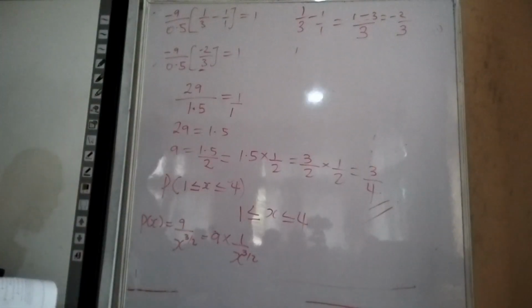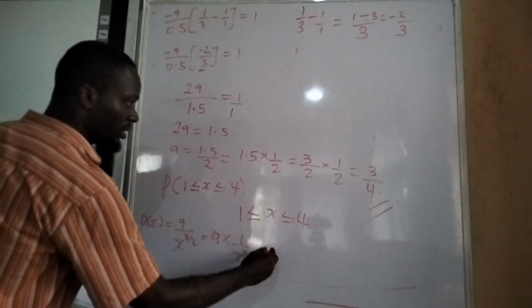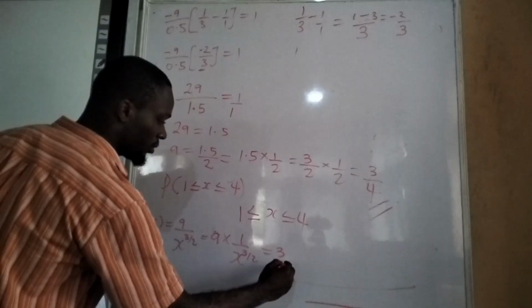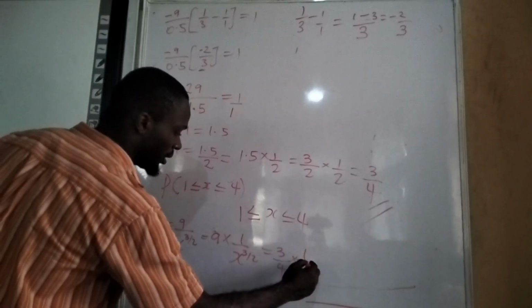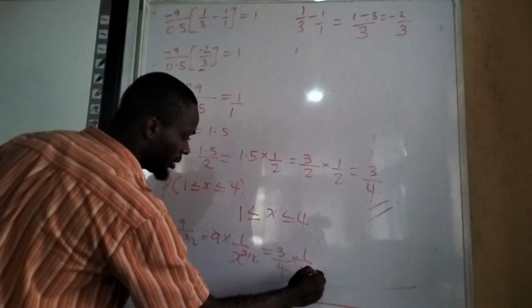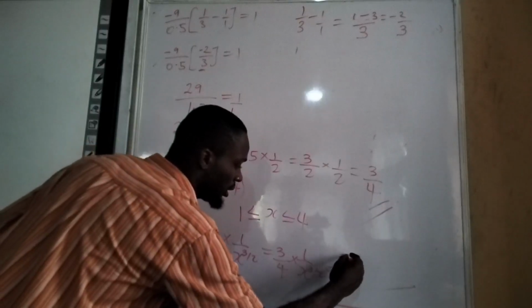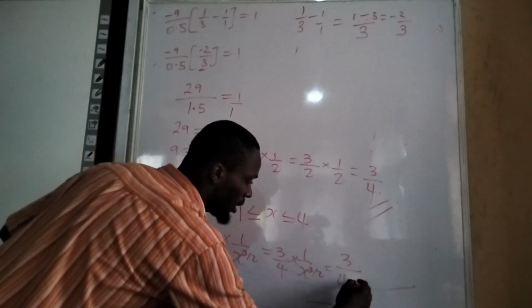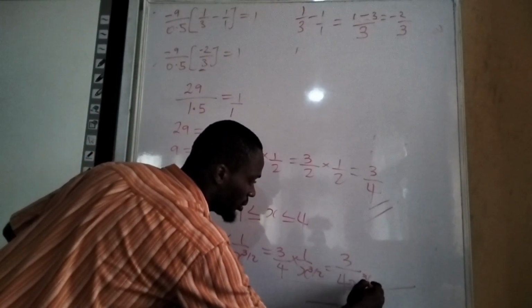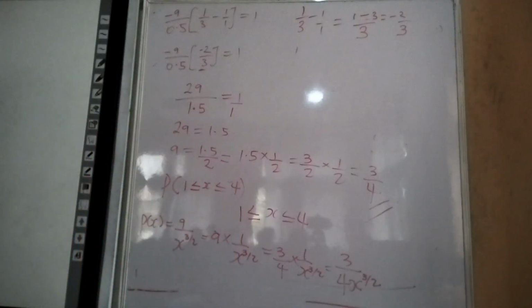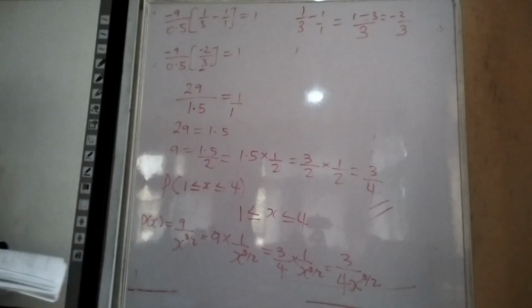Our A now is 3 over 4. So we now have 1 over S to the 3 over 2, which is equal to 3 over 4 times S to the 3 over 2. How do you come by that 3 over 4? Now our A is equal to 1.5 over 2.